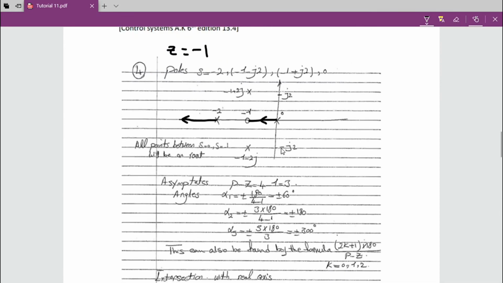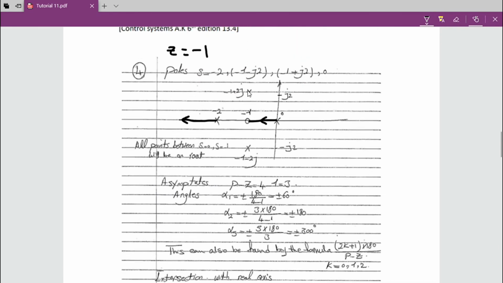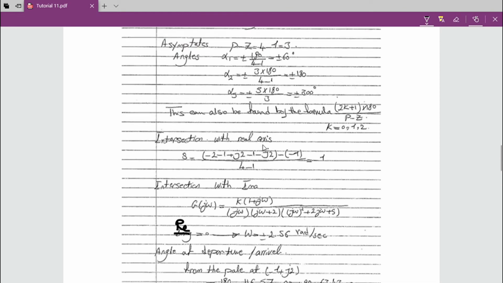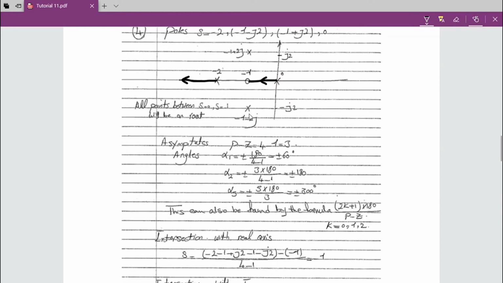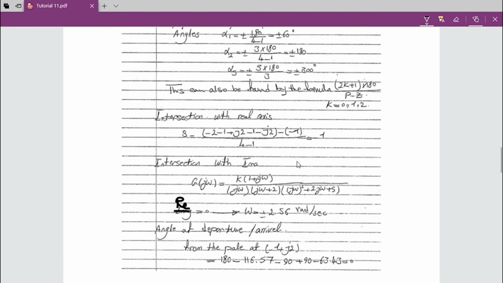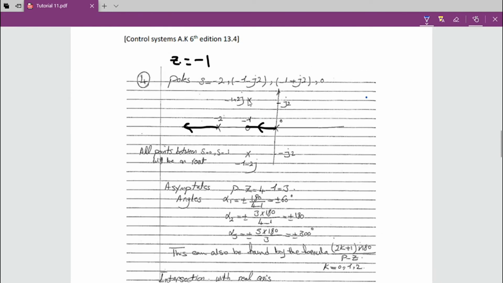Now, since it's a pole, it will be going outwards. So what we need to do is to identify the angle of departure, not the angle of arrival. So to find the angle of departure, taking this point, we calculate the angle of departure.